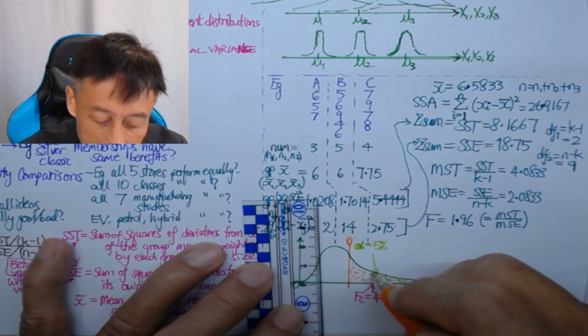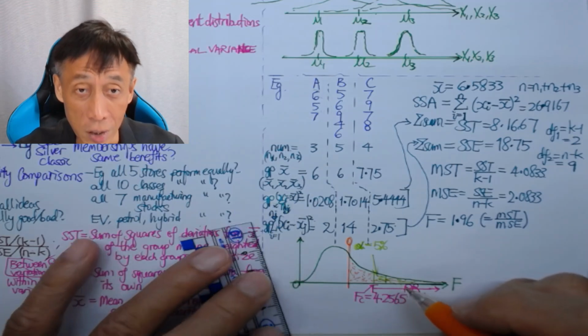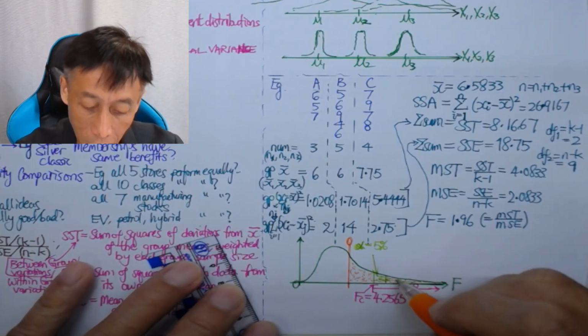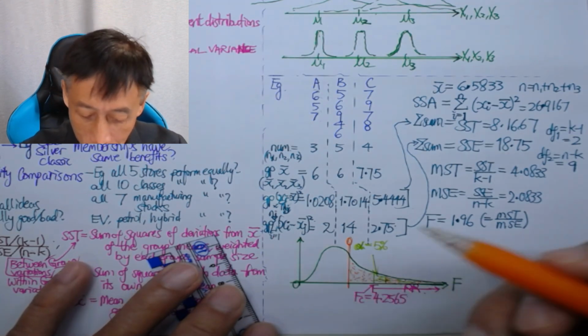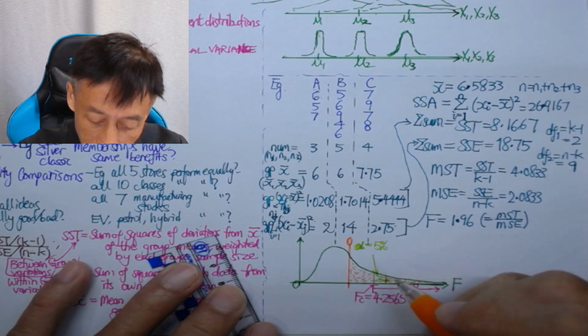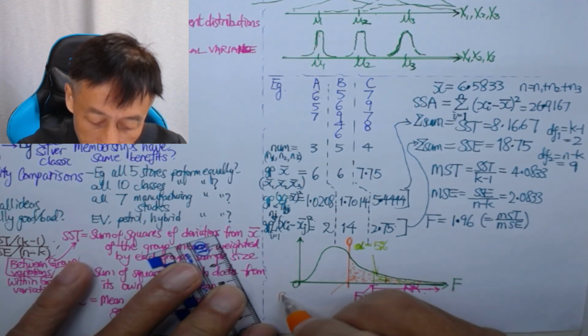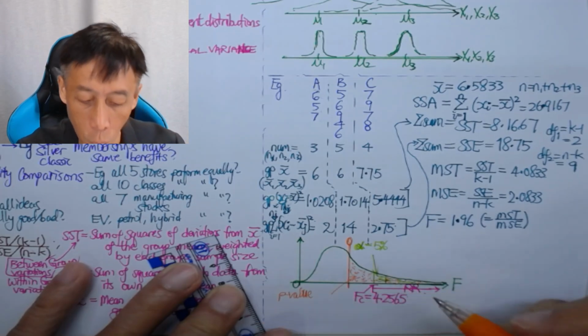Using the CDF function for F, in Excel it will be F.DIST, in R it will be pf. You can calculate the p-value, and you don't have to times 2 because it is one tail.